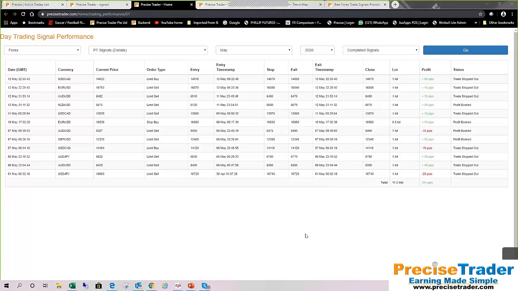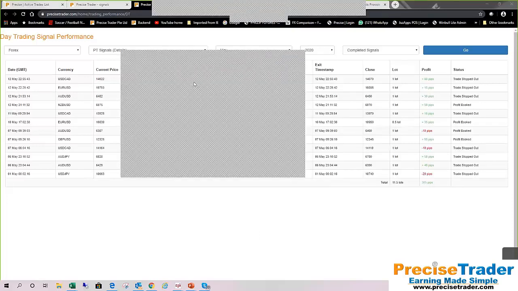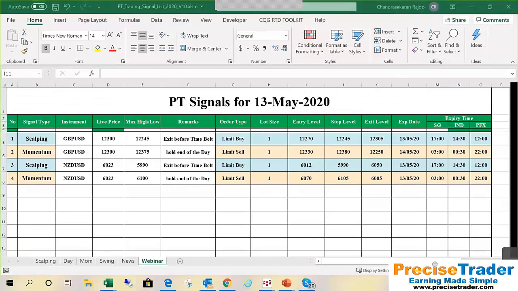So sometimes we want to exit a trade. For instance, here we are trying to enter, and right now our exit level is 12305. The market is trading at 123.